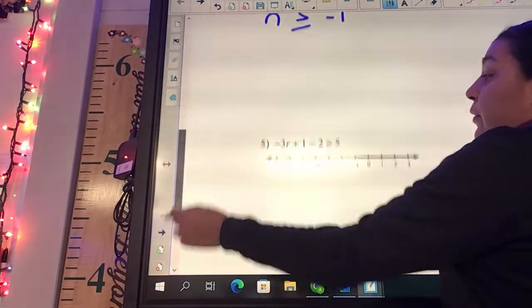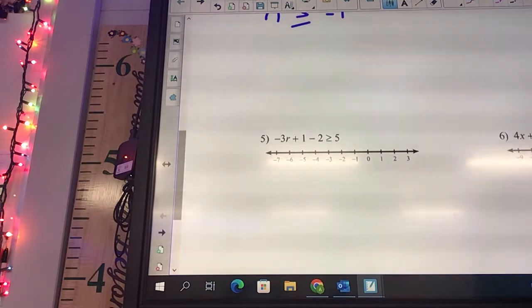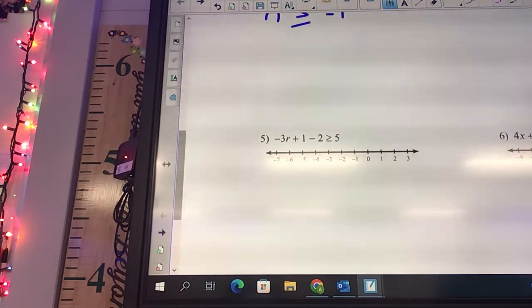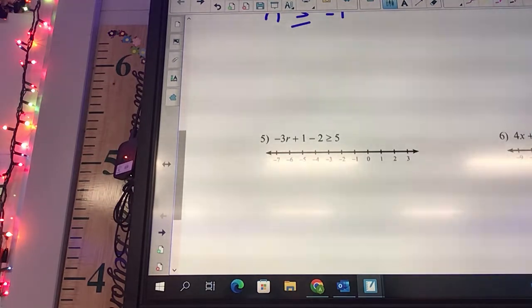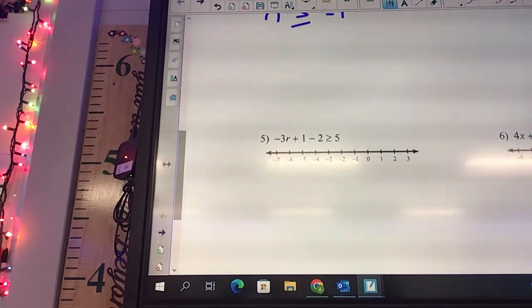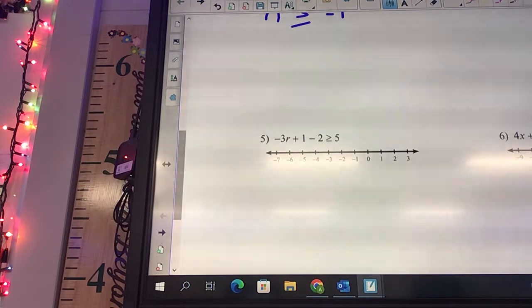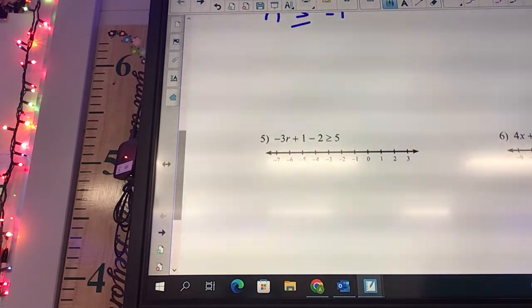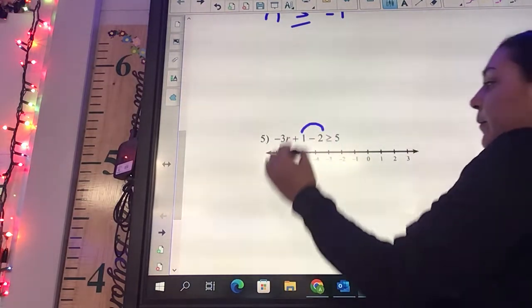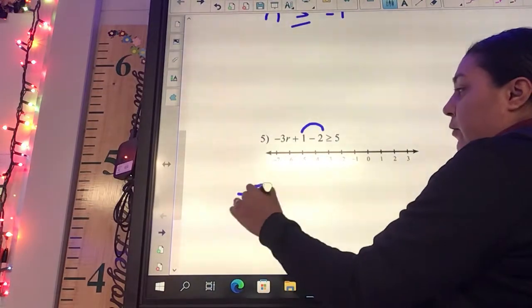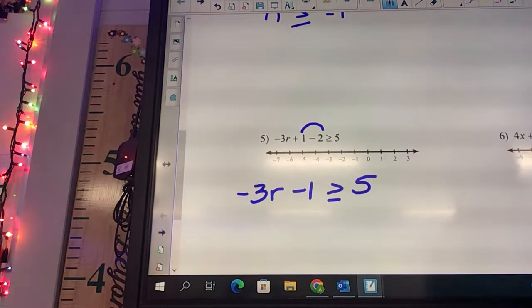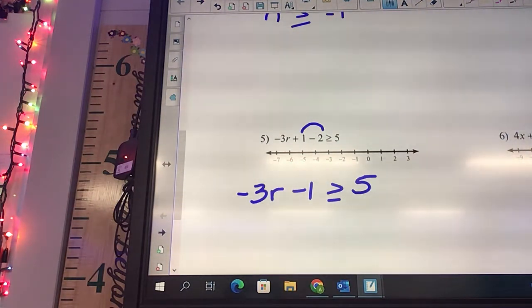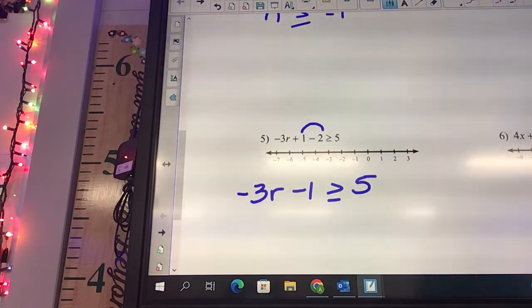Okay, 5. What needs done first? 1 minus 2, which is what? 3r minus 1. Okay, and then what do we do?